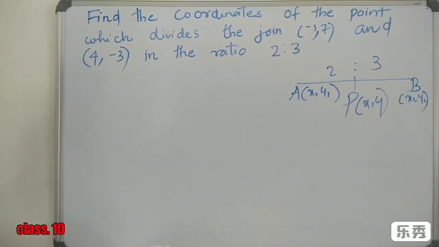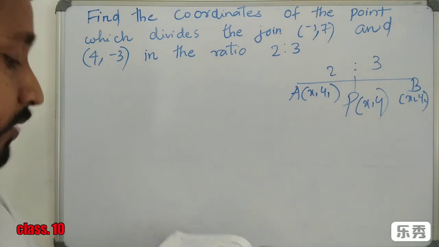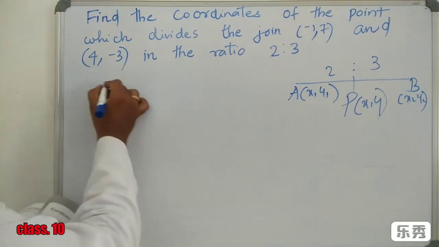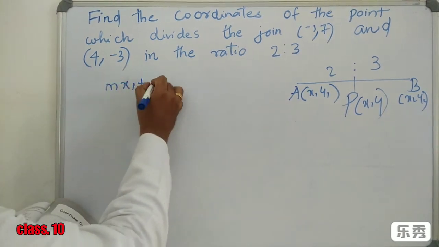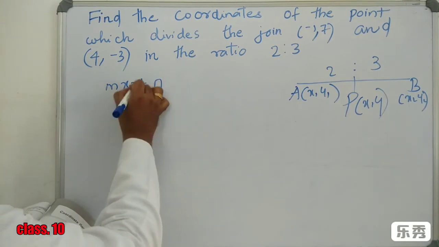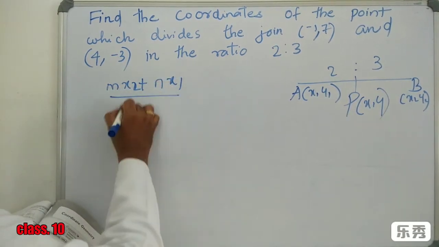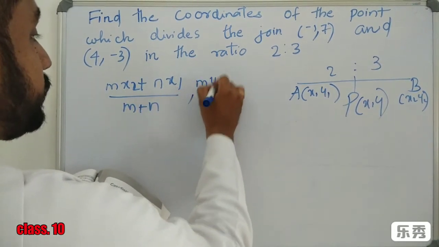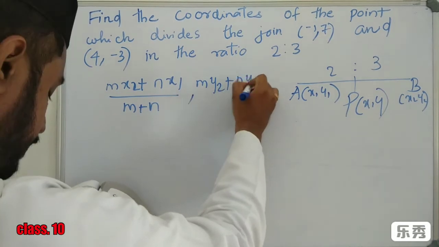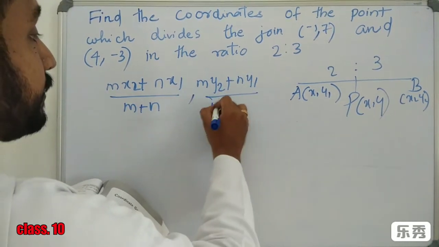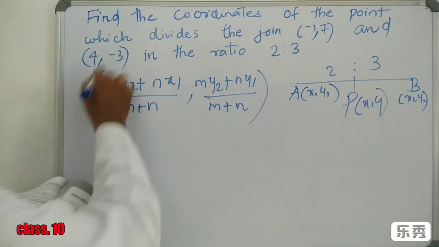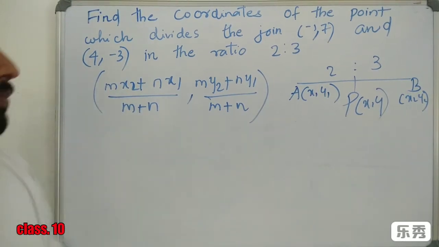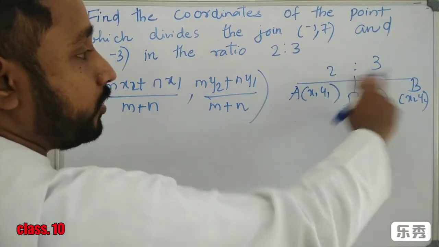So our formula is the section formula for finding the coordinates when the point divides the line joining A and B in the ratio m:n.